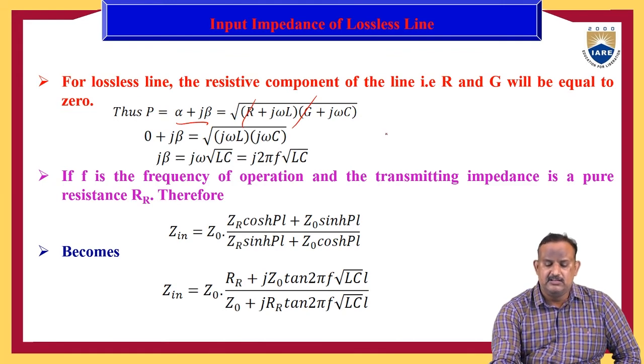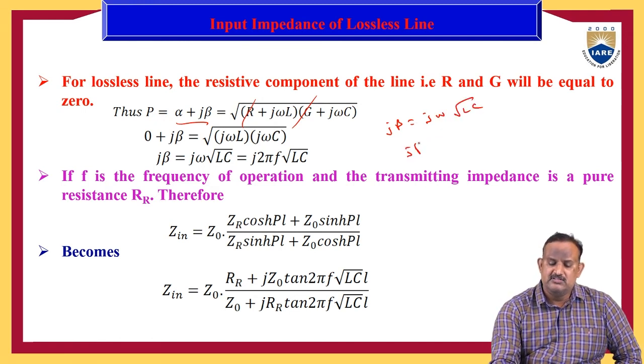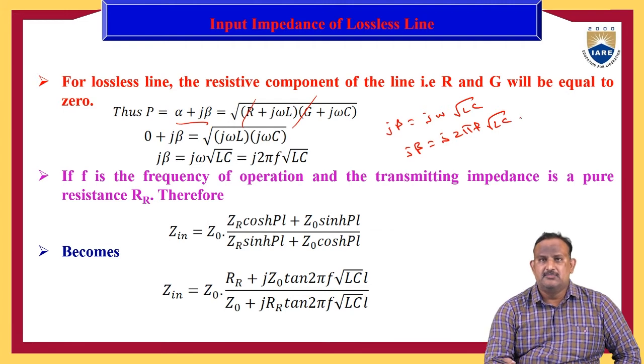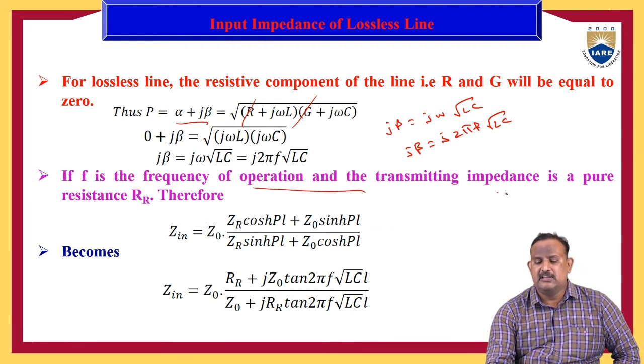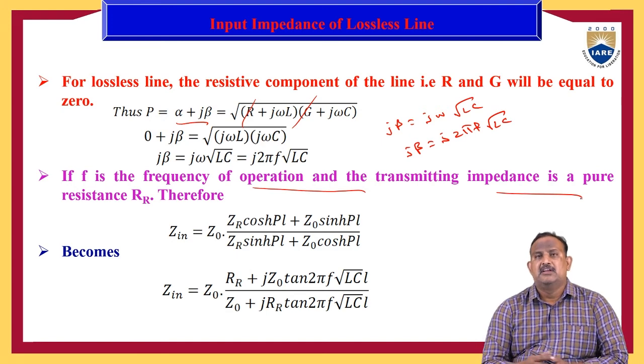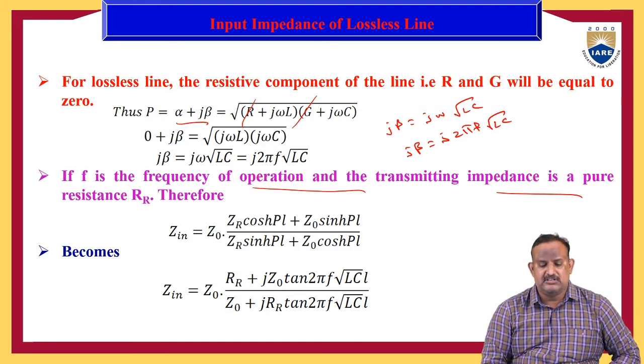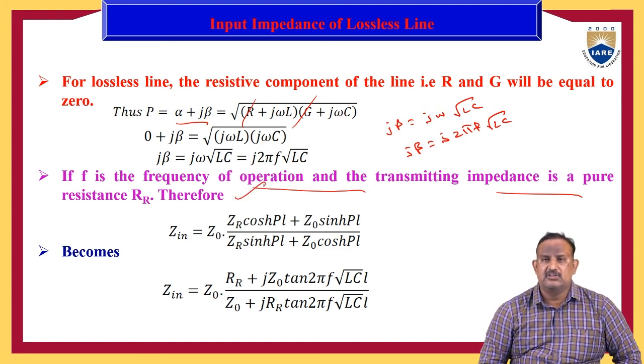Therefore, in place of J beta we can write J omega root LC, where omega is equal to 2 pi f. Therefore, in place of J beta, we can write J 2 pi f root LC. Here f is the frequency of operation of the transmission line, and let us assume the impedance is purely resistive.